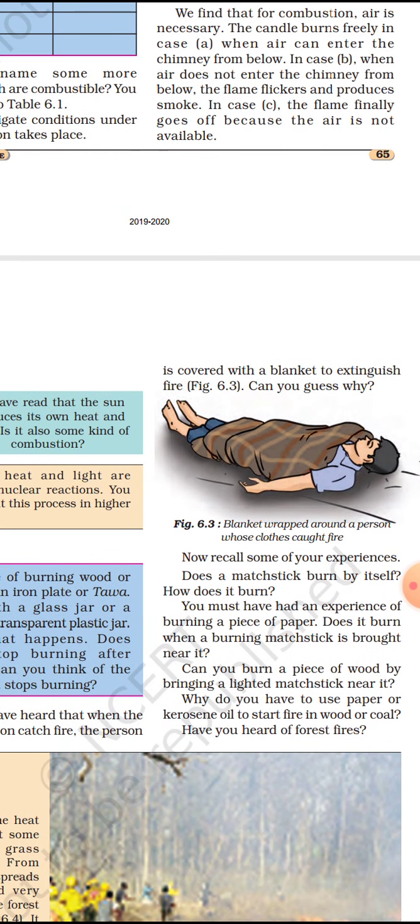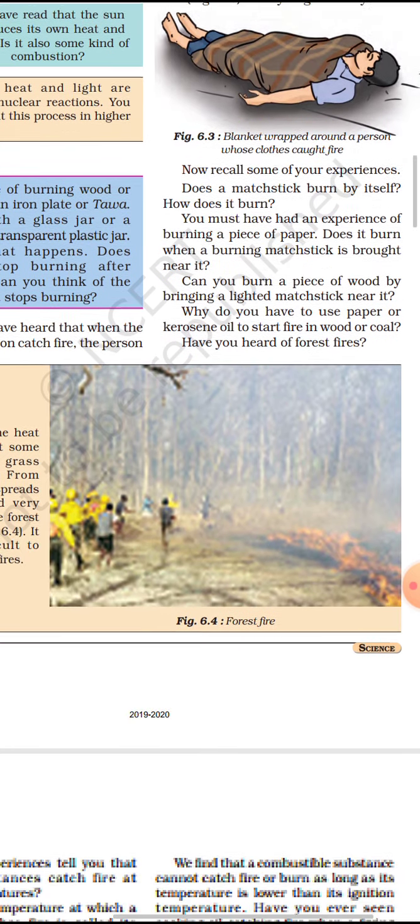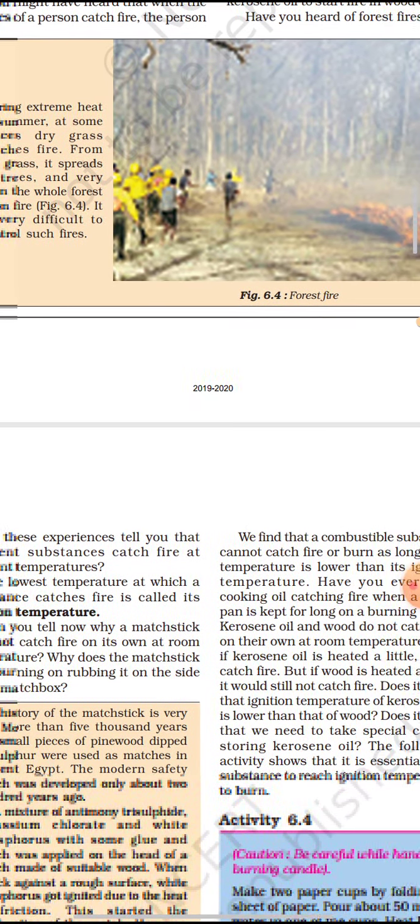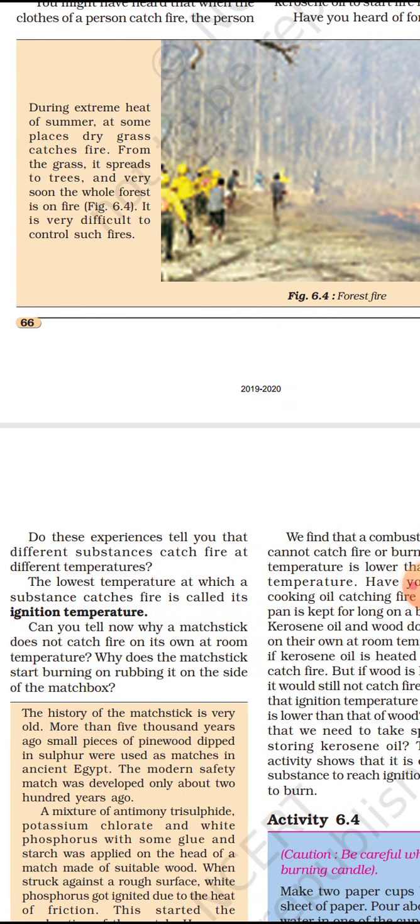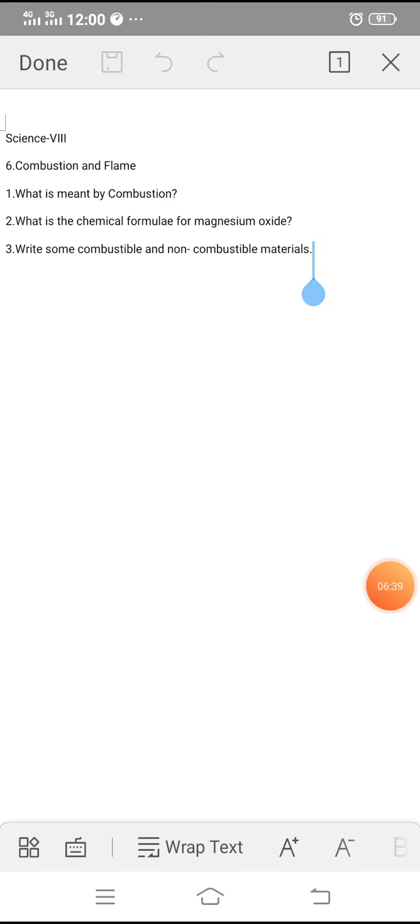Then in 6.3 we saw why a blanket is wrapped around a person. And at the last we saw what is meant by ignition temperature, and that every substance has its own ignition temperature.